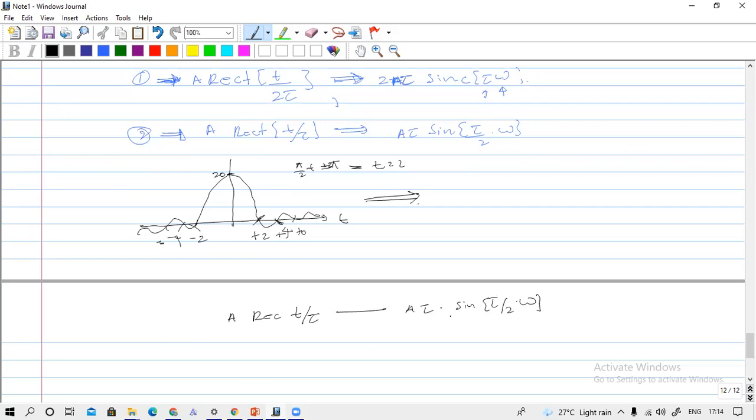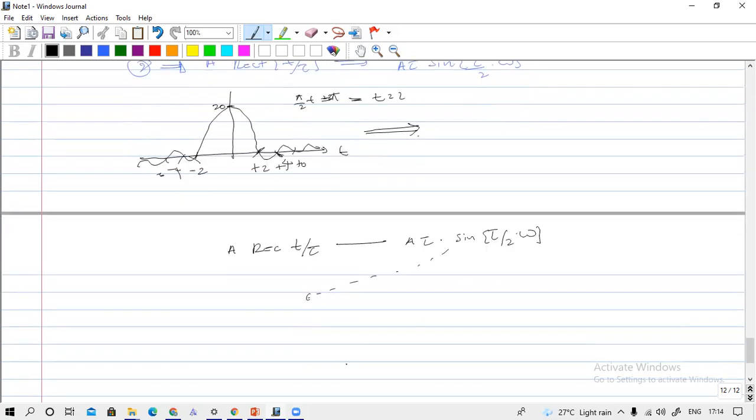Then if you have this type of signal, A τ Sinc, or some signal with ω0 t, like B Sinc(ω0 t), you can easily write it. So here B, here A. The amplitude is B.